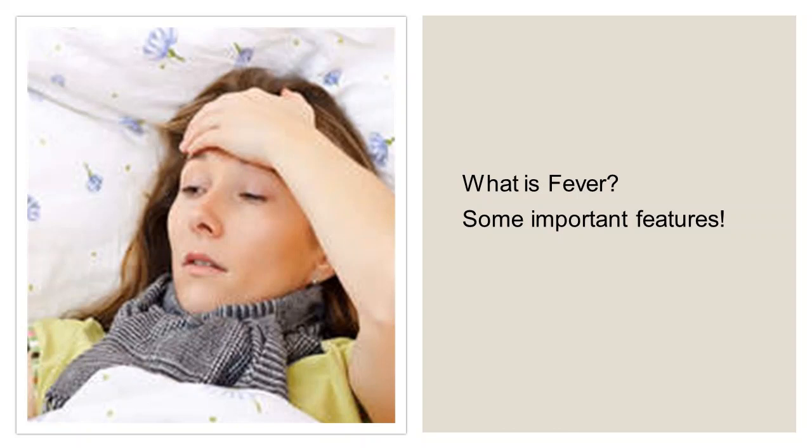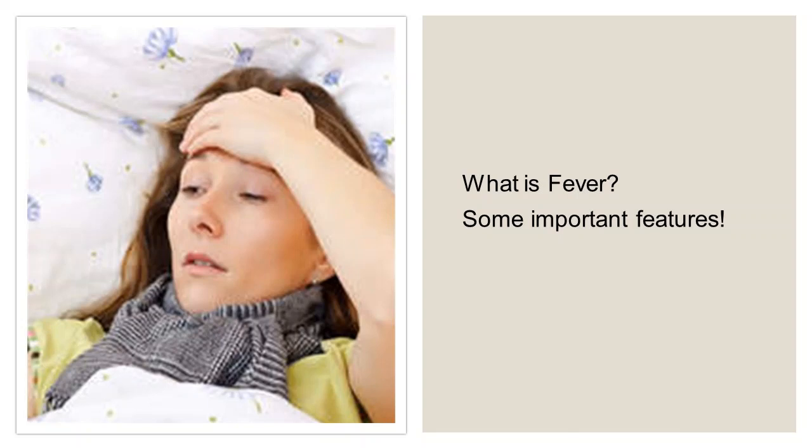Fever serves as one of the body's natural defenses against bacteria and viruses that cannot live at higher temperatures. So we can say that in a way a high body temperature is useful for us in fighting against infections.